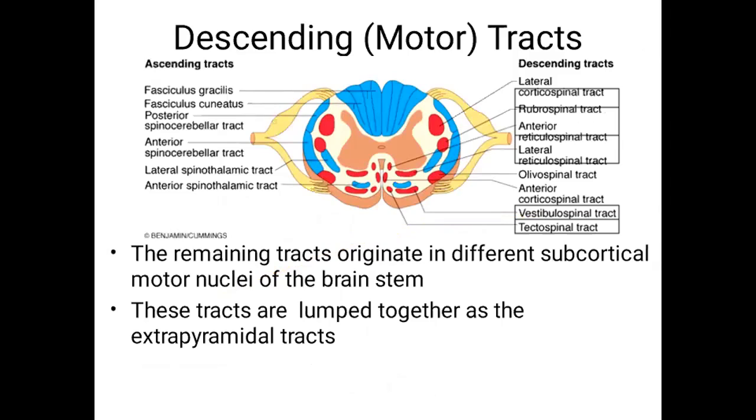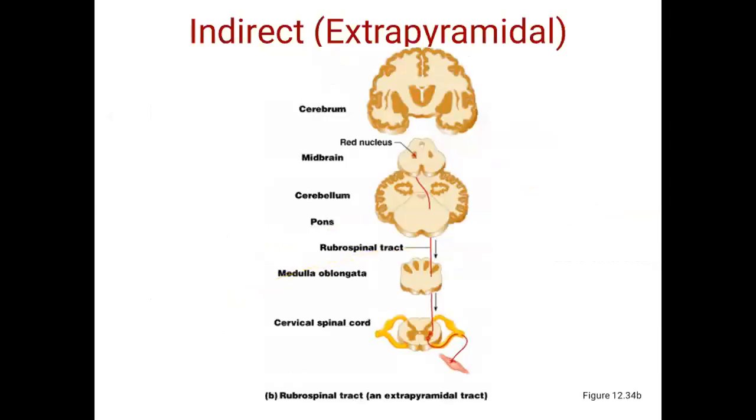So basically, descending tracts are pyramidal and extrapyramidal. The pyramidal tract is further divided into corticospinal and corticobulbar, and extrapyramidal we'll see in the next class. So what is the difference between corticospinal and corticobulbar?